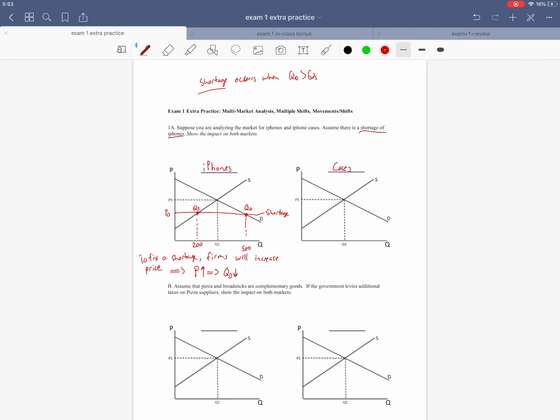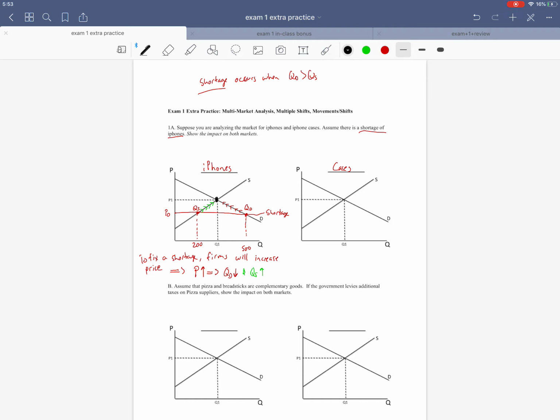So this is going to be a movement along our demand curve. Also, according to our law of supply, anytime the price goes up, quantity supplied is going to increase as well. That would be a movement right here along our supply curve. The price will continue to increase until we eventually get to our equilibrium point right here.